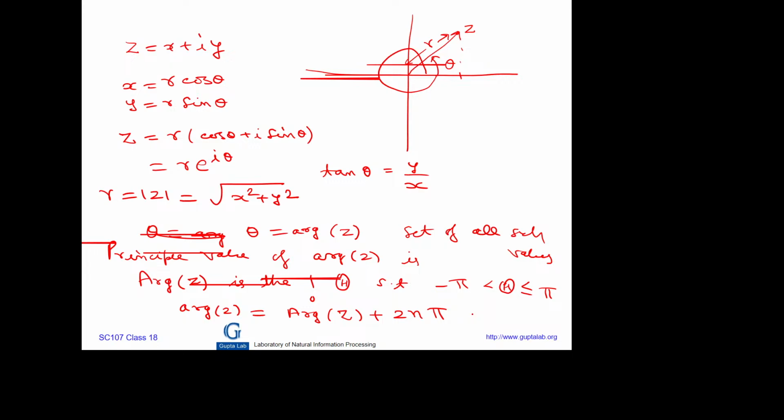Okay, so basically I can say that argument of minus 1 minus I is nothing but minus 3 pi by 4 plus 2n pi.